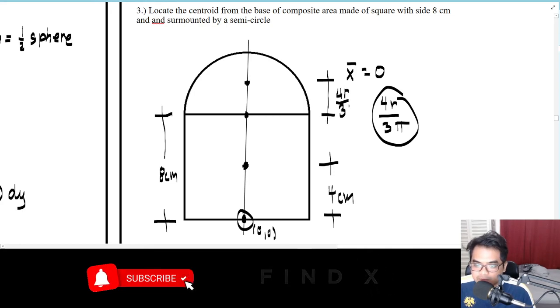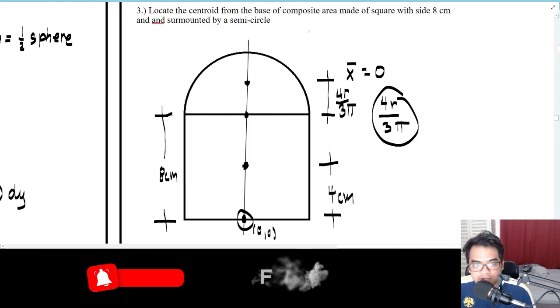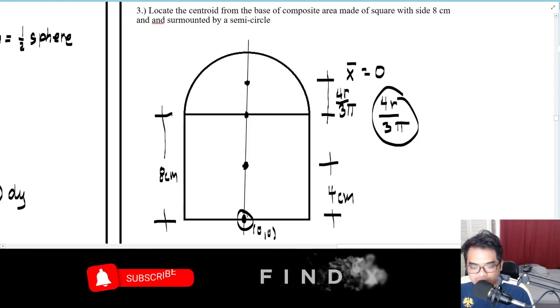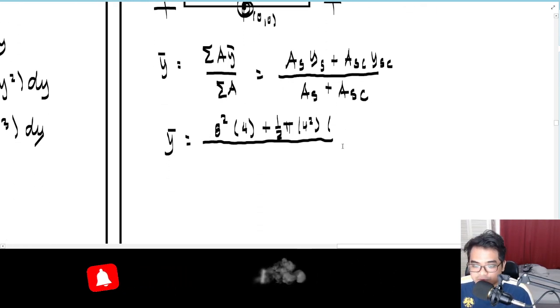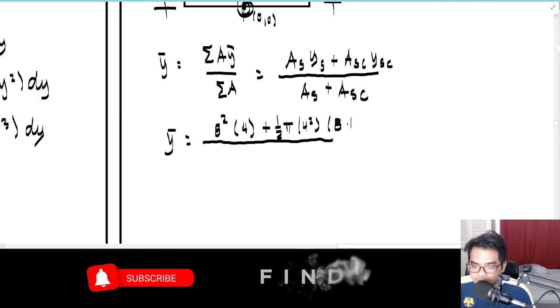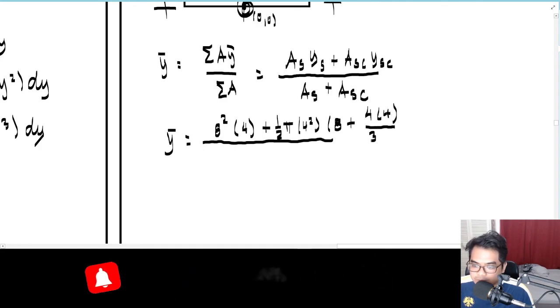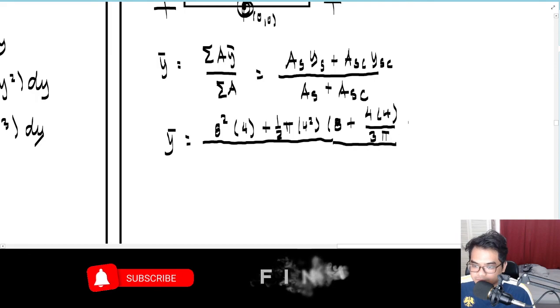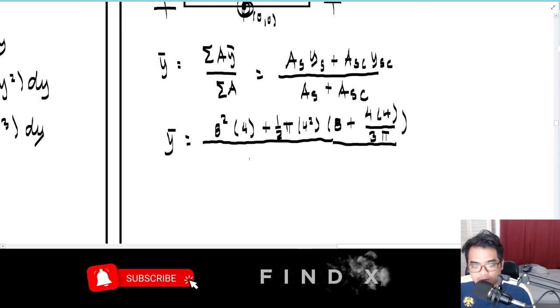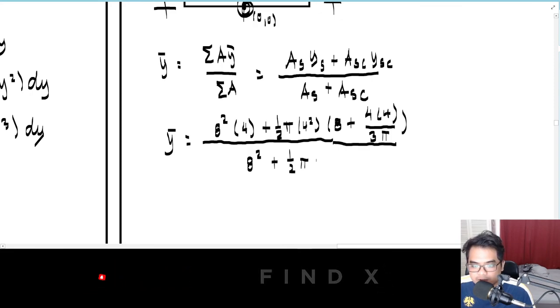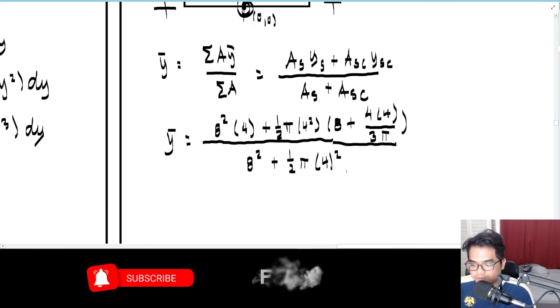So 4r over 3 pi. But we are looking for the centroid from the base, so from here. So you still have to add 8, 8 plus this one. Therefore, this must be 8 plus 4 times 4 over 3 pi, all over 8 squared, the area of the square, plus 1/2 pi 4 squared.